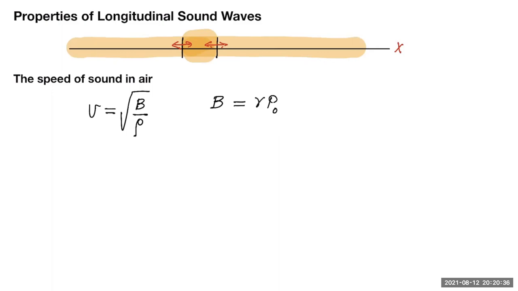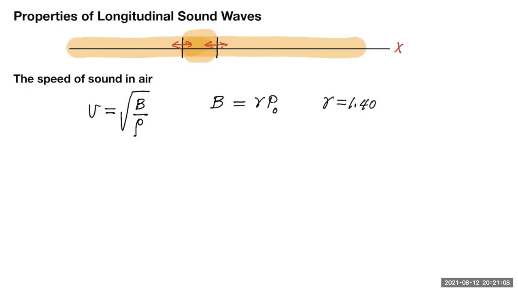Gamma depends on the molecular structure of the air, or more precisely, on how many atoms there are in each air molecule. Well, air is a mixture, but the predominant ingredients are nitrogen and oxygen, and these are both diatomic molecules. For a diatomic molecule, you will learn in thermal physics that gamma equals 1.40. You will see that later.